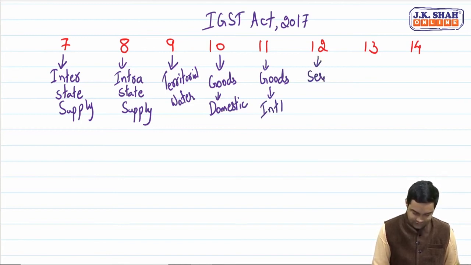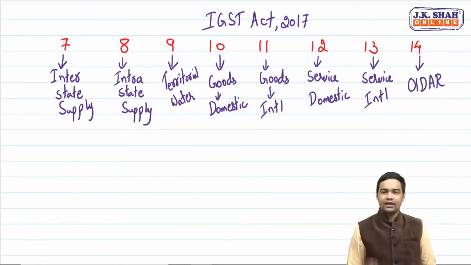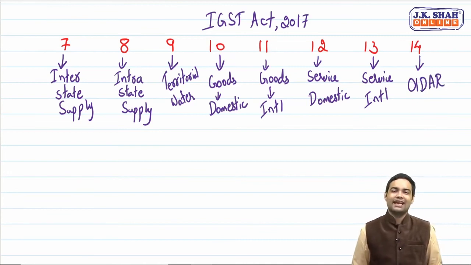Services domestic is covered by section 12, while services international transaction is covered by section 13. And finally, there are some special provisions related to OIDAR, Online Information Database Access Retrieval Services. Here is where we will understand much more about import of service for personal consumption. This will help us to understand OIDAR and import of service better.